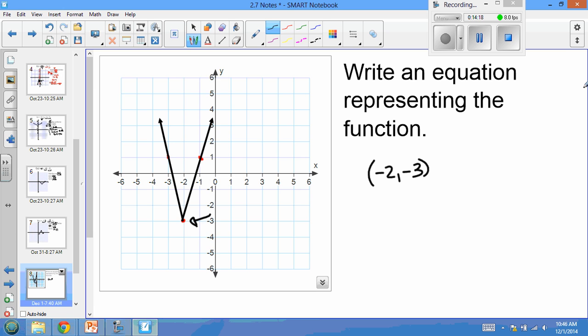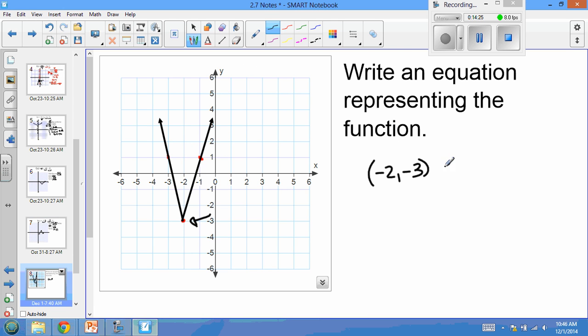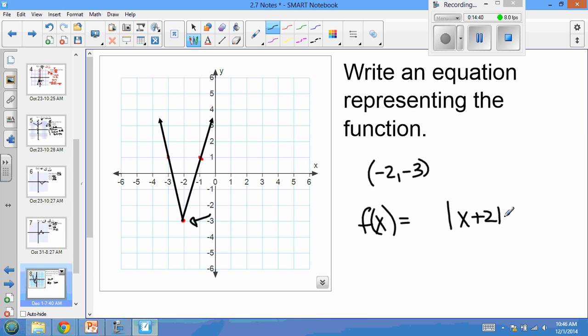So looking back at the example, the x of the vertex was the opposite of the inside. So to set up my equation, inside, I don't want a negative 2, I want a plus 2. And does the outside ever change? Well, looking back, we have a plus 2 on the outside, and my vertex is a plus 2. So we know that has to stay a minus 3.